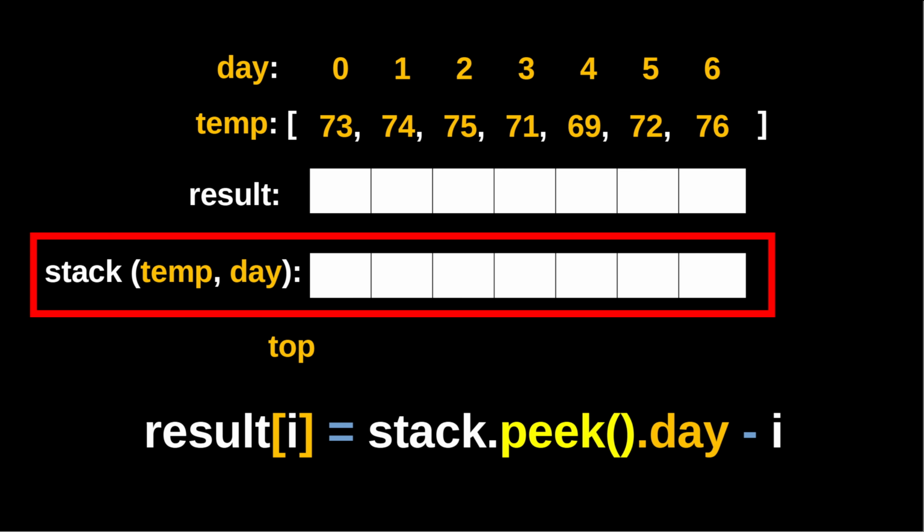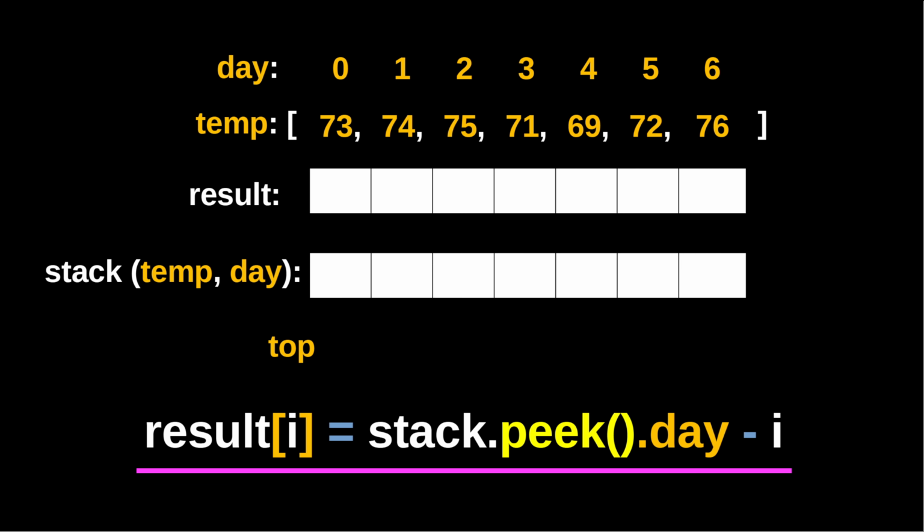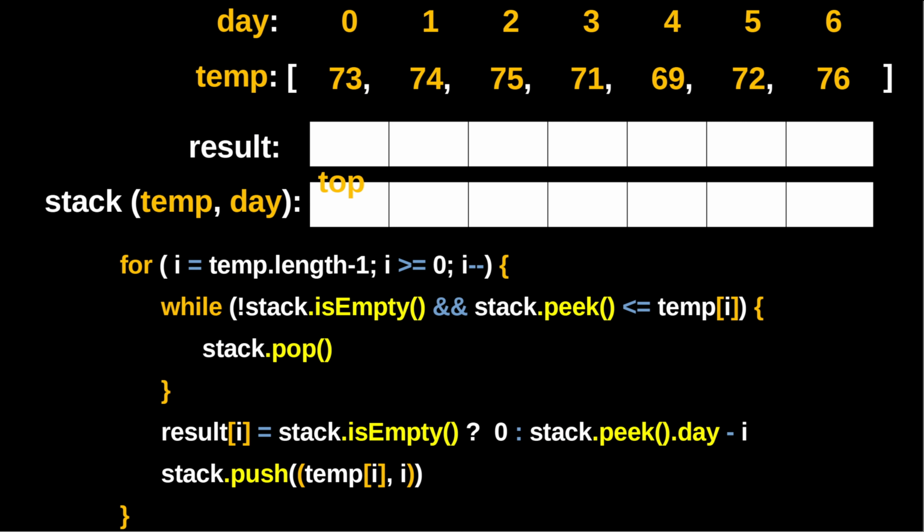Because once we find a higher temperature, we can do a simple subtraction to calculate the difference between the day when we see a higher temperature and the current day. And that's how we populate results[i]. So results[i] would be the day value at the top of the stack minus the current day. Let's walk through several iterations of this code together.